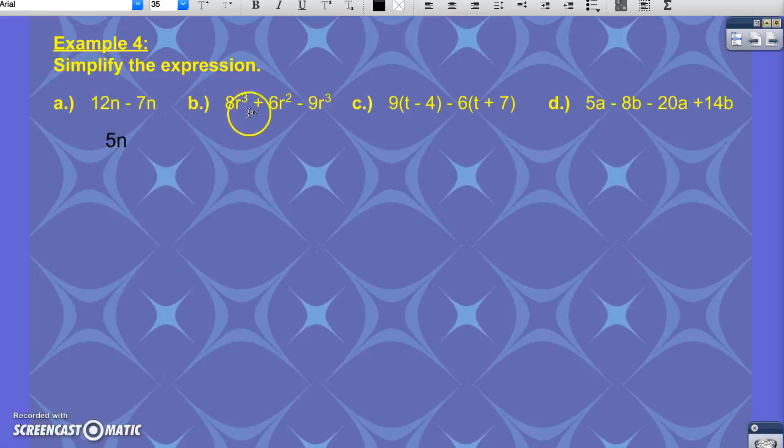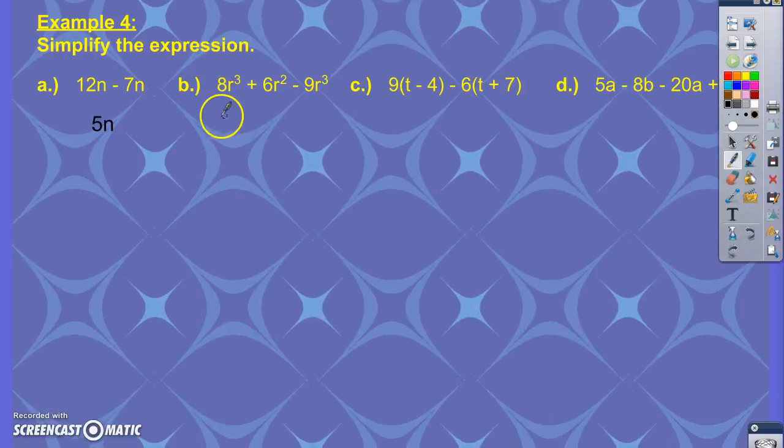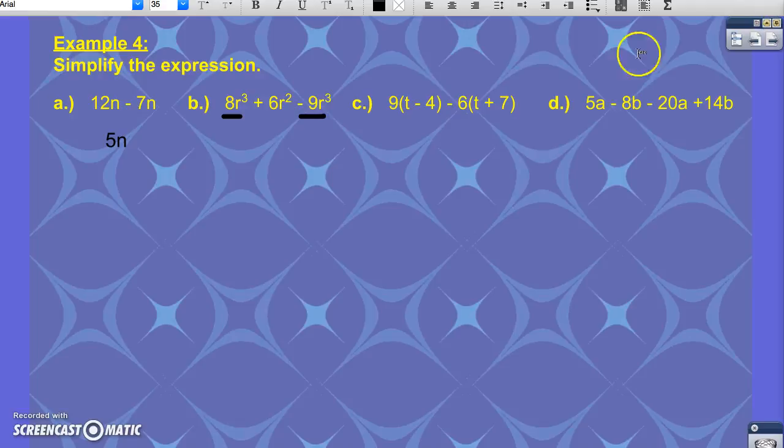Now let's look at B. You can only add or subtract like terms, so let me underline our like terms. R cubed, negative 9r cubed. Sometimes you can't combine them all, and I like to go in decreasing order.